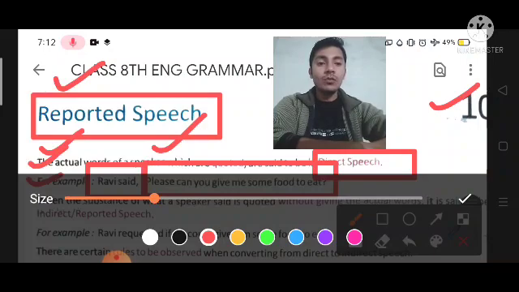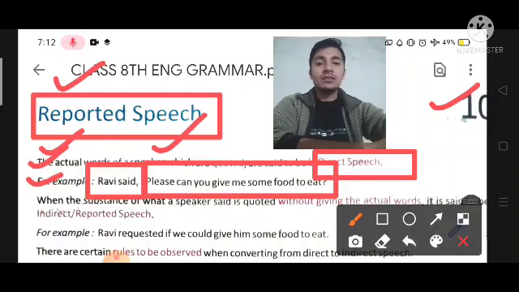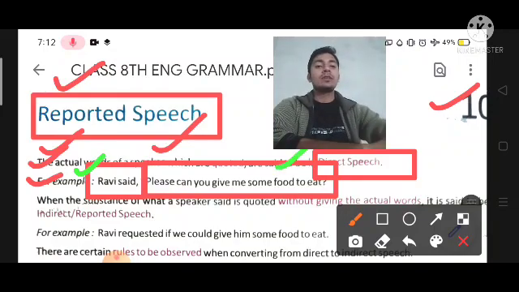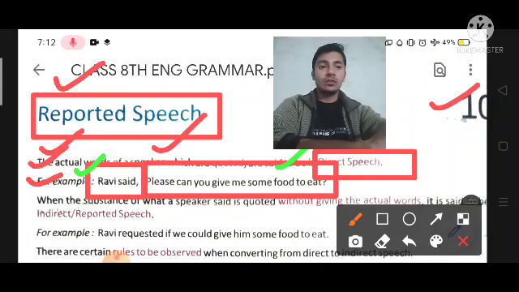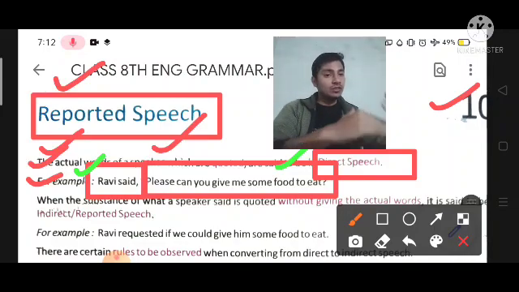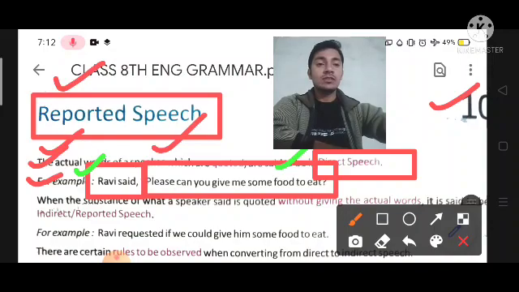One minute, wait, listen. You can understand that you have seen Rabi said. Okay, first is Rabi said, and second is please can you give me some food to eat? Okay, so there is a reporter who is reporting. So in this way you can understand that this part that we have, Rabi said, is called reporting speech.